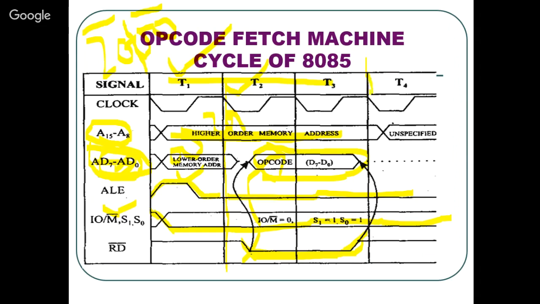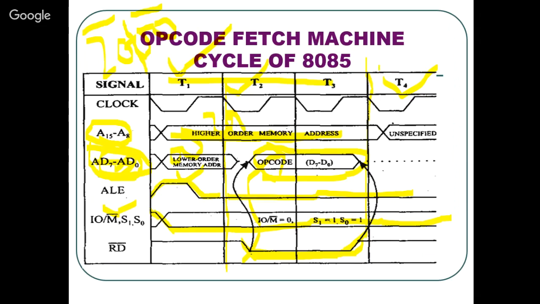Now the next operation the microprocessor has to perform is to decode the instruction. When we read something, after reading, our brain decodes the text or the concept. Similarly, after reading the instruction, in T4 the microprocessor will decode the instruction.